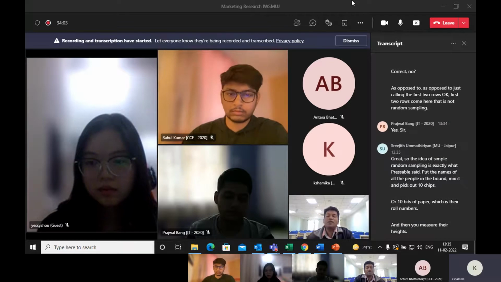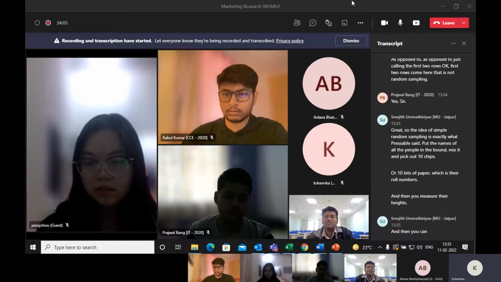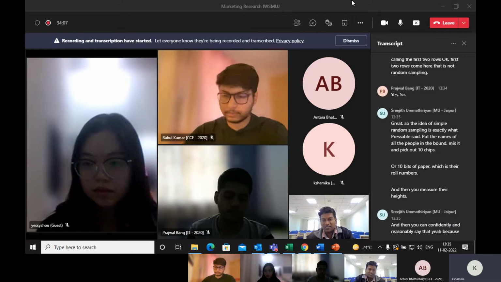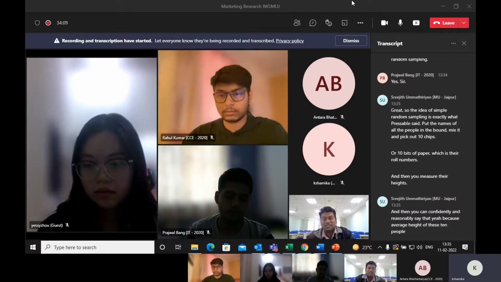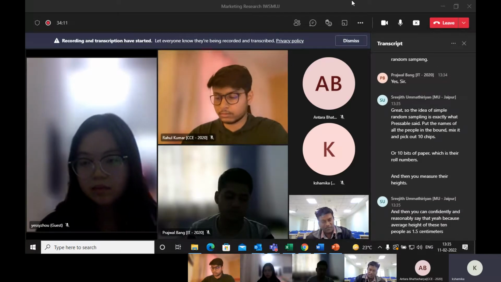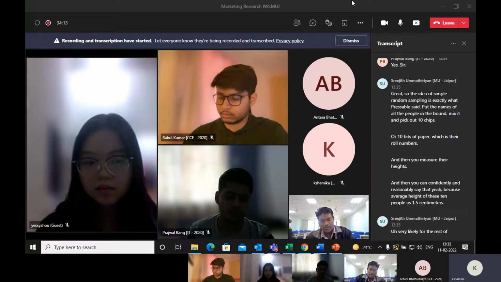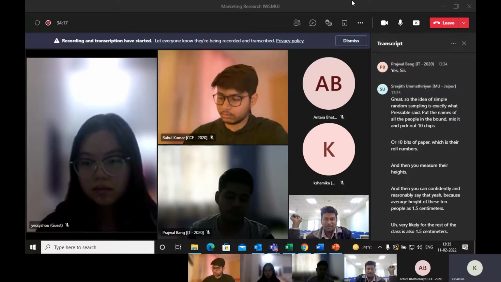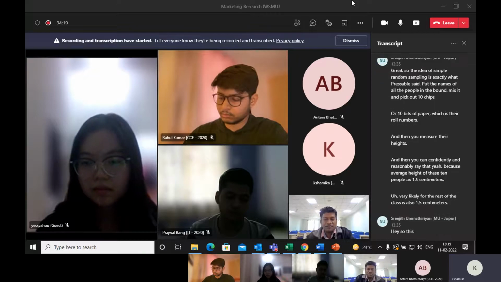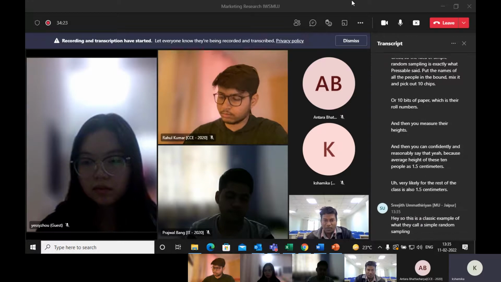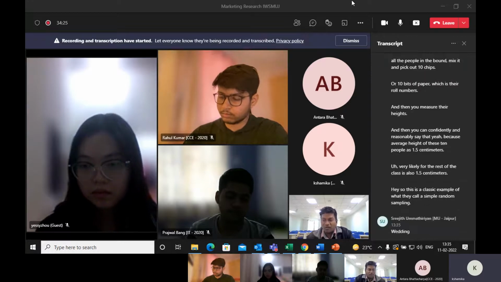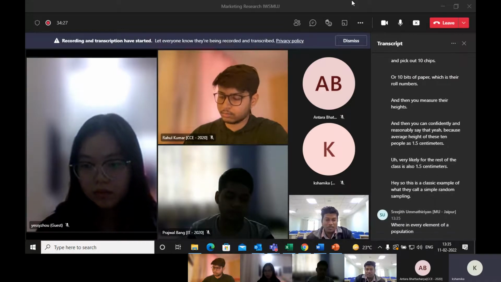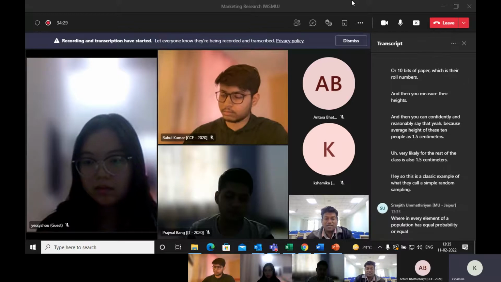Then you can confidently and reasonably say that because the average height of these 10 people is 1.5 centimeters, very likely the rest of the class is also 1.5 centimeters. So this is a classic example of simple random sampling, wherein every element of a population has equal probability or equal chance of getting selected in the sample.